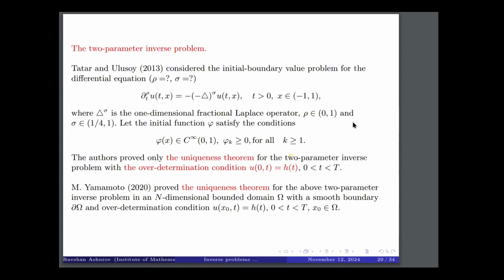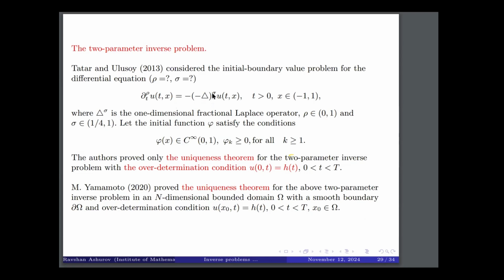Now we will consider a two-parameter inverse problem. In 2013, Tatar and Ulusoy, they are from Turkey, by the way, considered the following problem. This is the equation, x is in minus 1, 1, this omega domain. And this is the one-dimensional fractional Laplace operator.